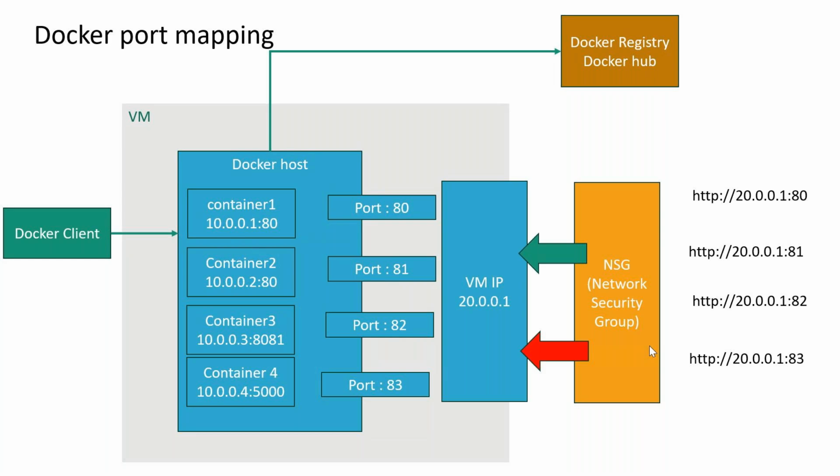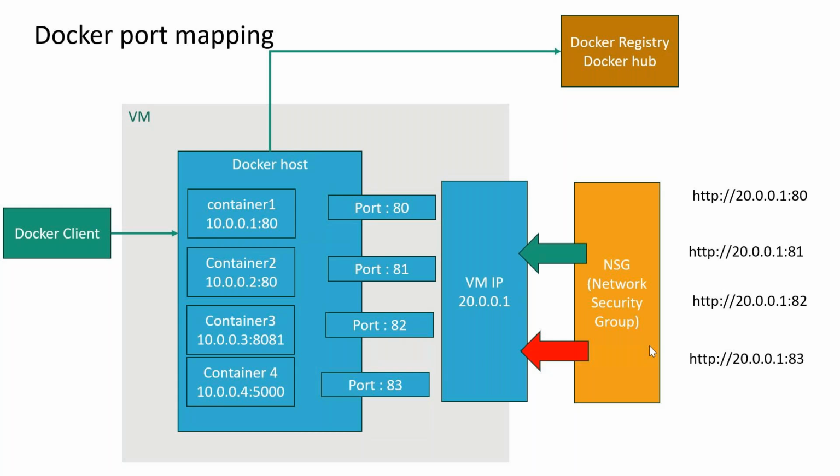By default, everything is disabled. Every company and every security concern goes with zero trust. I think I'm using this term many times nowadays. What is zero trust? Don't trust anyone unless you explicitly mention. So by default, everything is disabled.